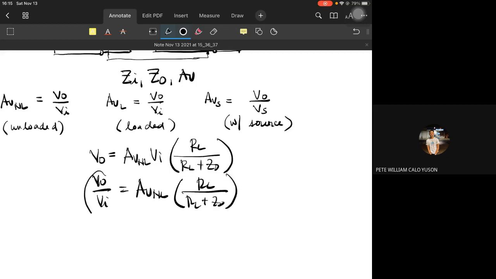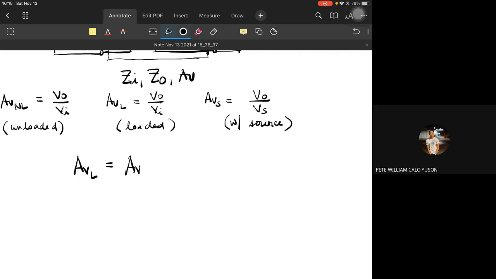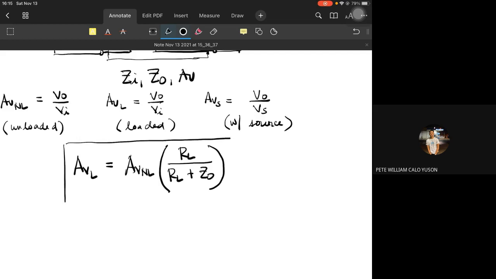And remember, VO over VI is equal to AVL. So, synthesizing everything, AVL is equal to AVNL times RL over RL plus ZO. The formula for AVL is a function of AVNL.